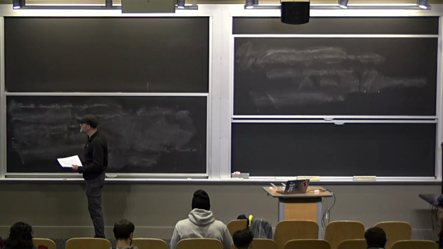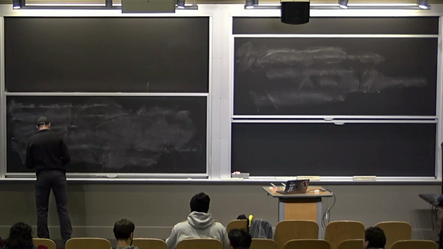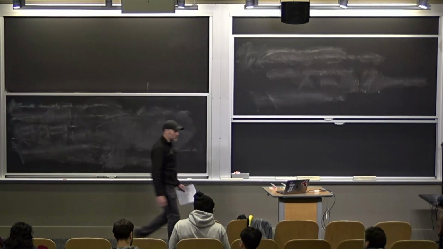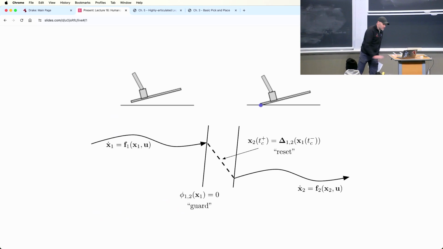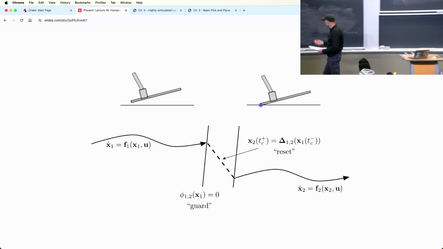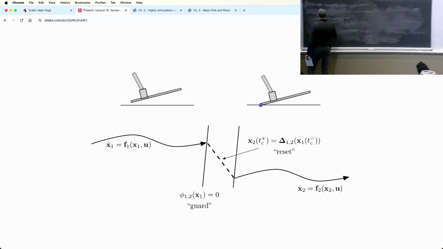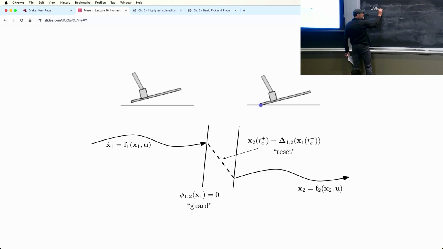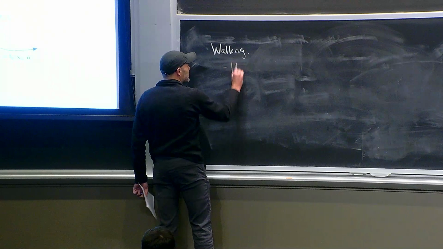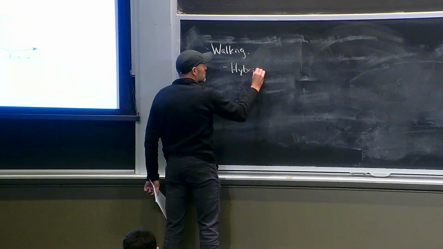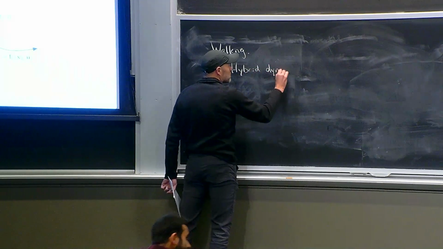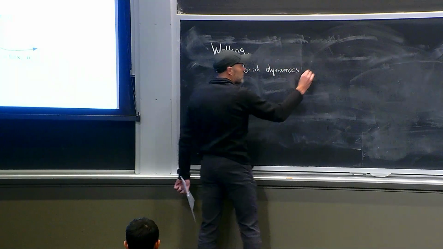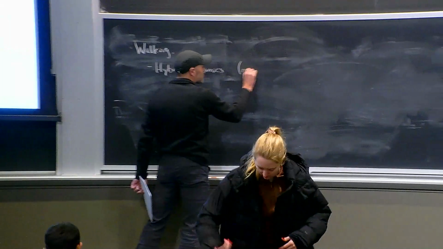Okay, we've developed this nice mathematical framework, right? We started with hybrid dynamics, right? So far, our walking framework, roughly, we had to deal with hybrid dynamics for making and breaking contact, right?